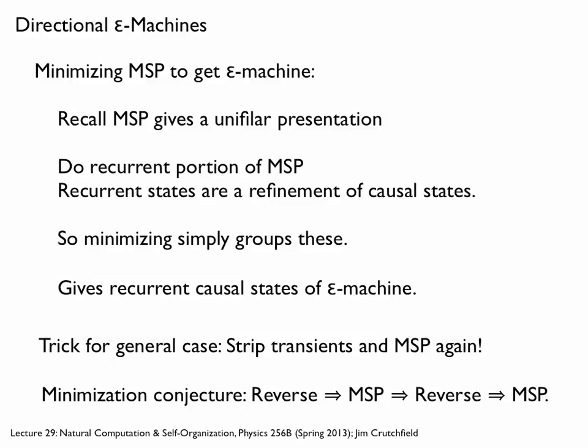And in addition, its partition of pasts is a refinement of the causal state partition, the causal state partition being coarser and having fewer cells. So flip that around. We have this unified presentation, so sometimes we have more mixed states than are necessary. So you have to minimize. That's the punchline here.